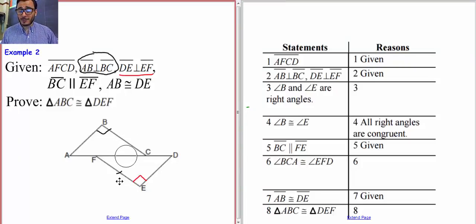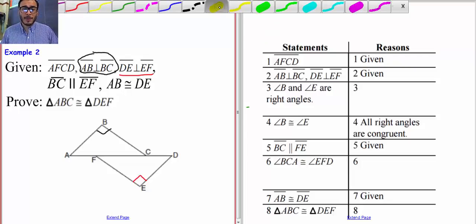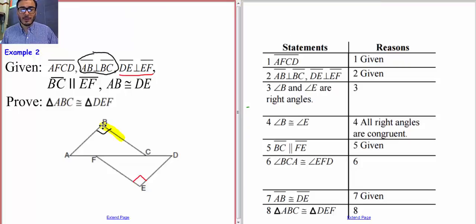And I'm going to be very blunt with you. Usually when they give you a pair of parallel lines in these proofs, they want you to look for alternate interior angles or alternate exterior angles. But most of the time it's alternate interior.